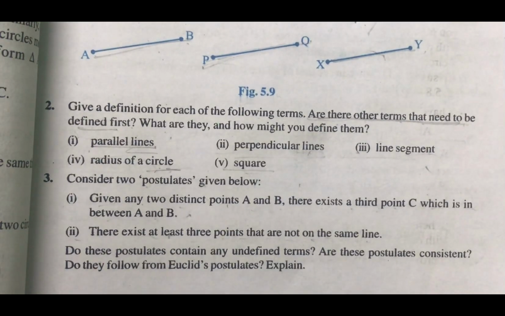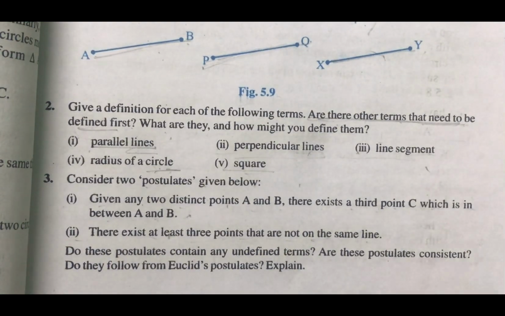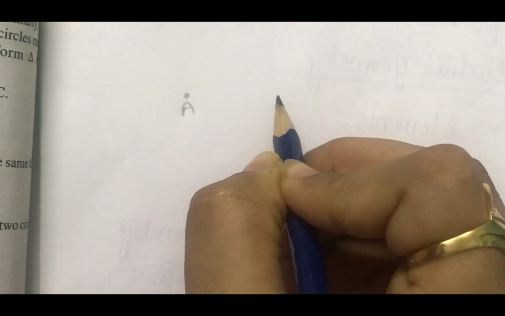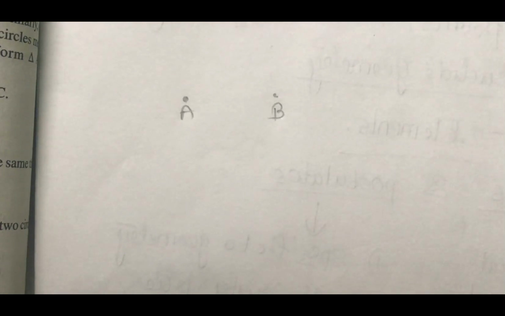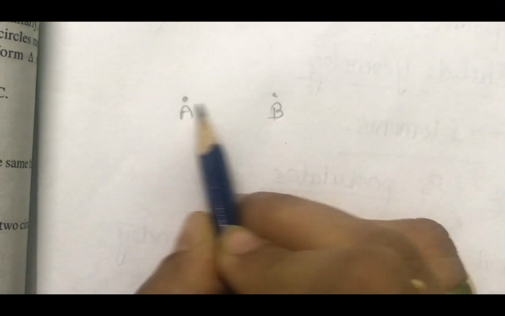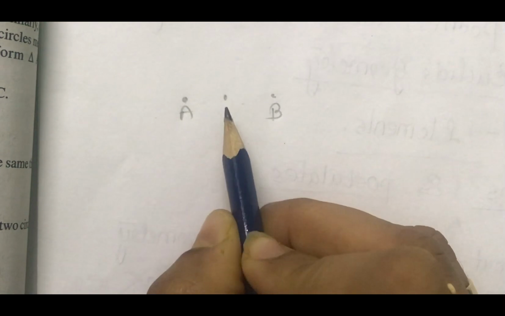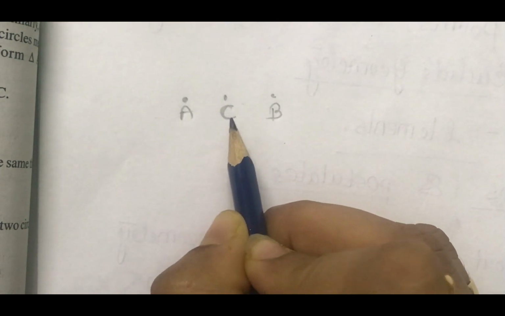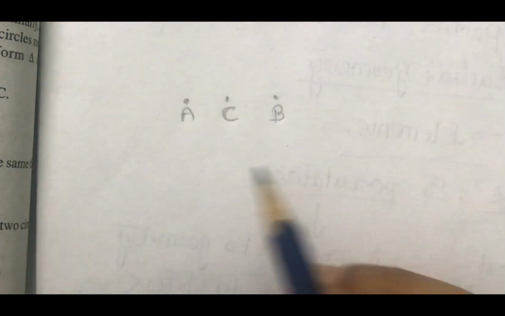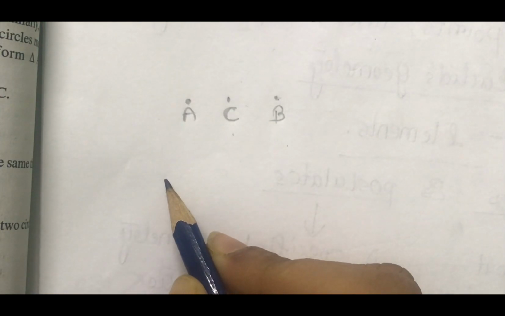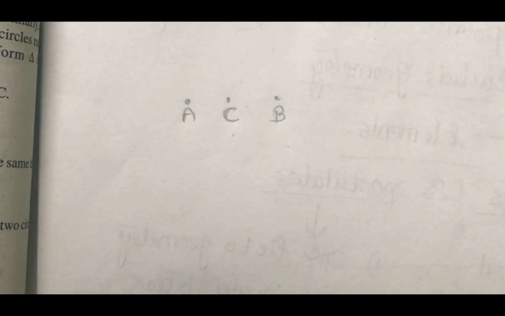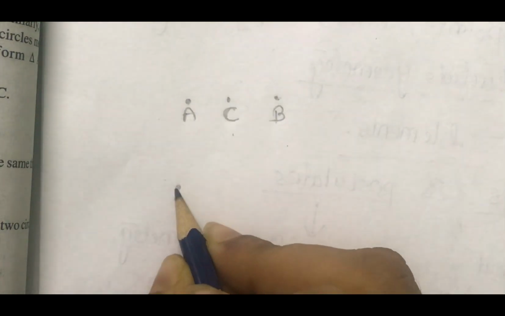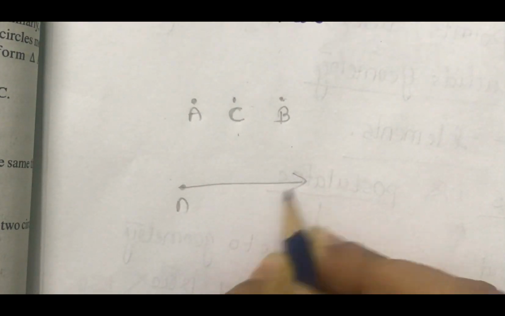So the first one says that given two distinct points A and B, there exists a third point which is in between A and B. So this is the first postulate. Now the second postulate says there exist at least 3 points that are not on the same line. So this is a line.